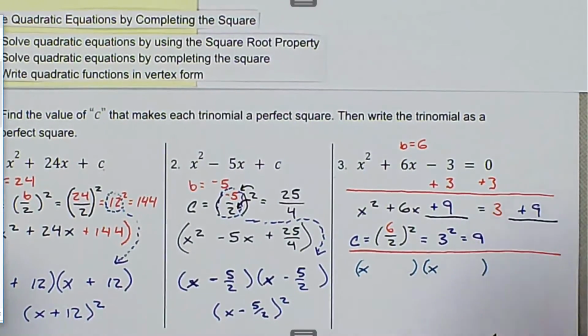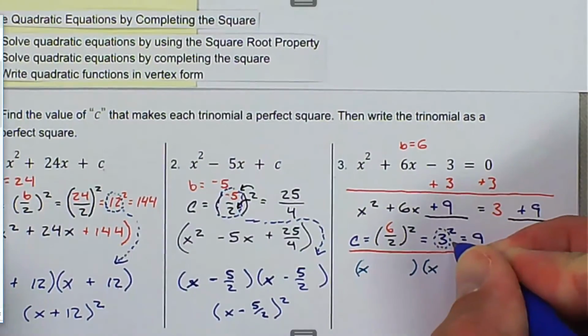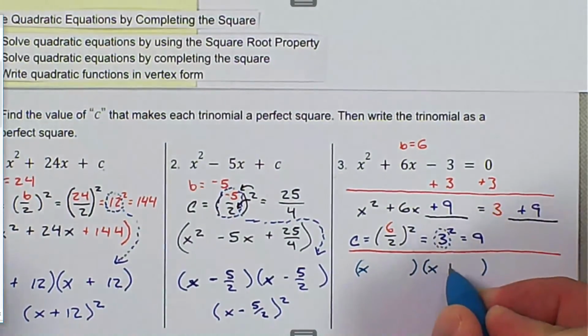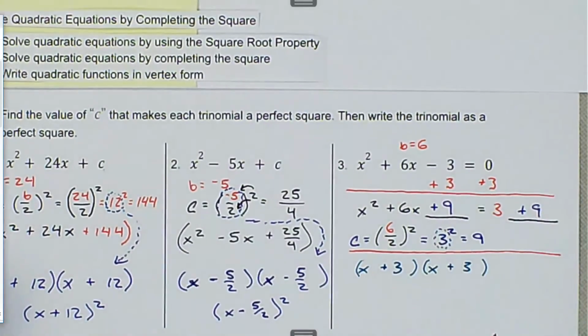And remember, whatever is this squared value here, that is the thing that's going to make the perfect square for our binomials. So I'm going to add 3 and add 3.